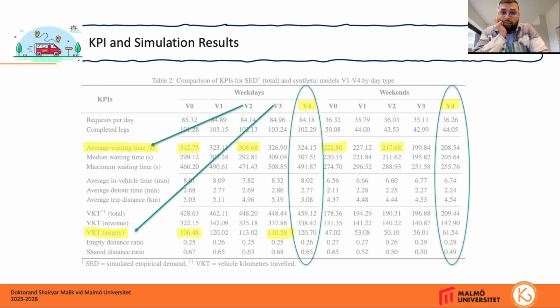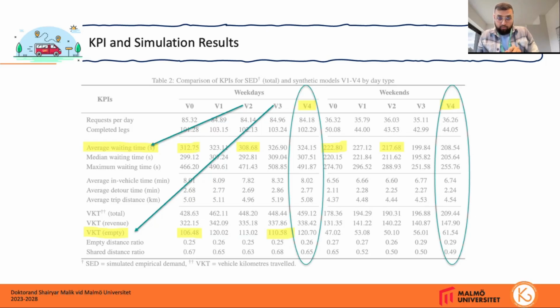V2 best reproduces the real-world waiting times, meaning that by adding the chaining, it captures the realistic travel rhythms. Because you remember, in V2 we introduced the chaining. So that might be the reason why we are getting average waiting times very near to the simulated empirical data.